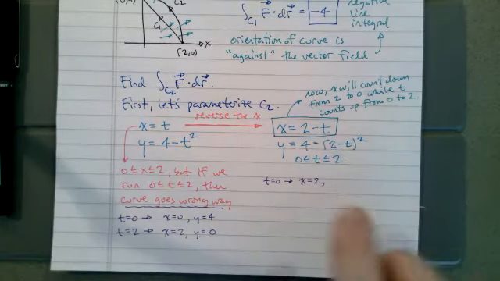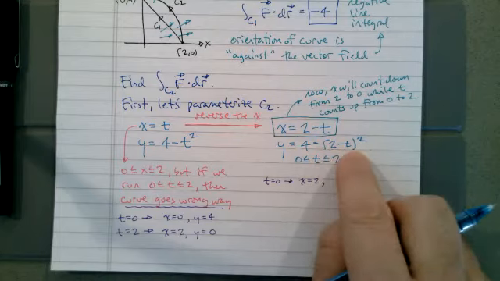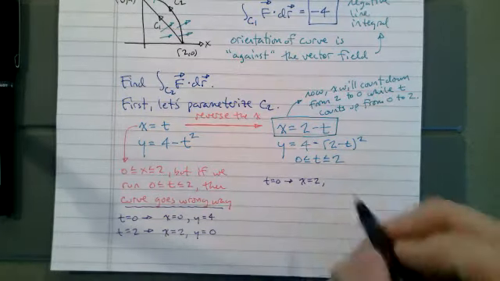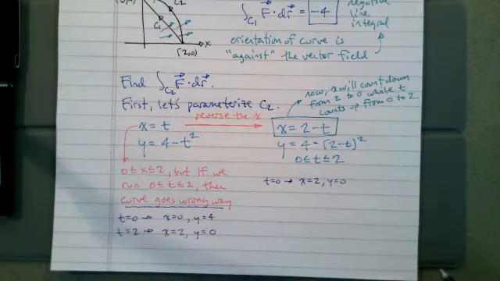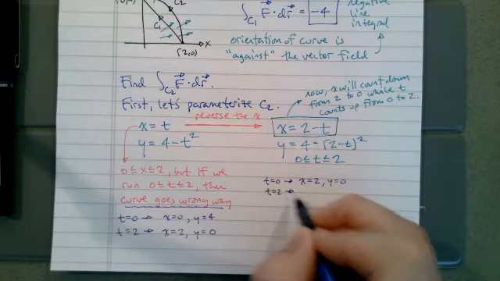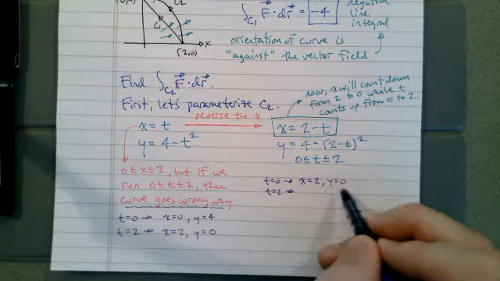So now when t is equal to 0, 2 minus 0 is 2, squared is 4, 4 minus 4, y is equal to 0. I would have never seen that because I had just done that. So this is our starting point at 2, 0. That's what we want.